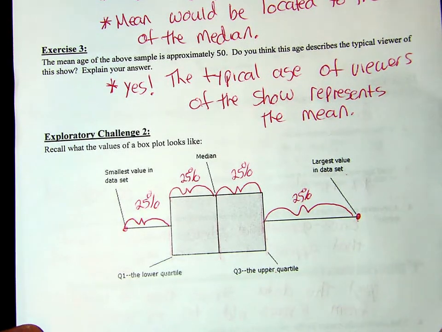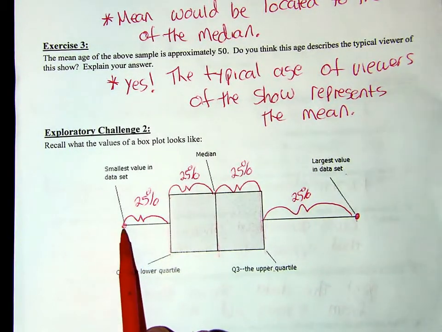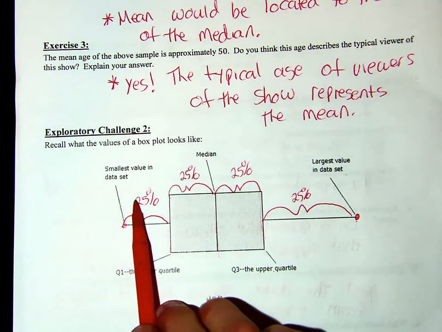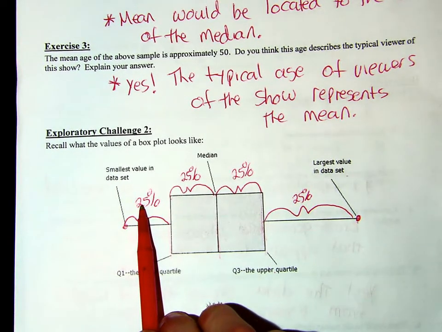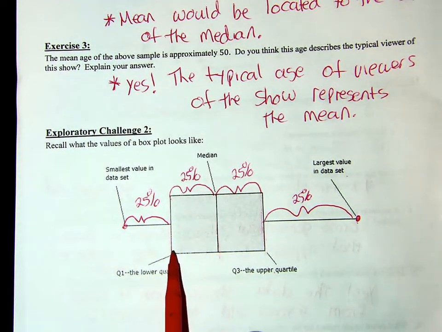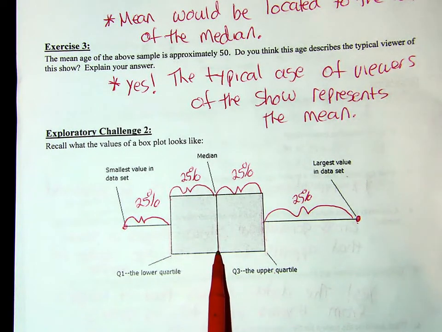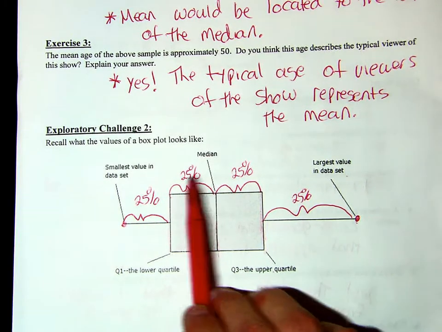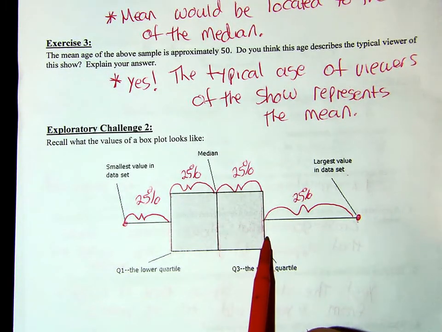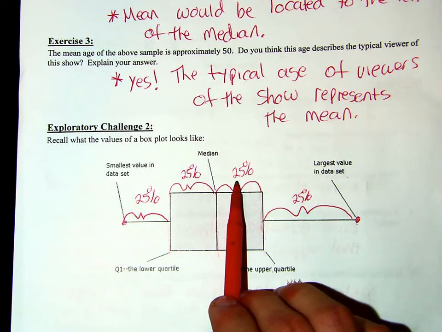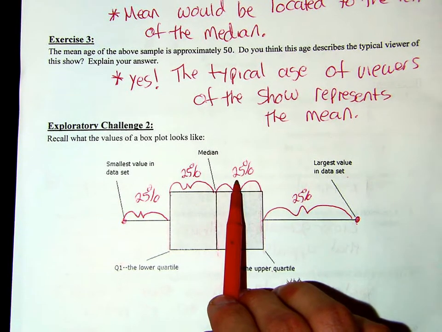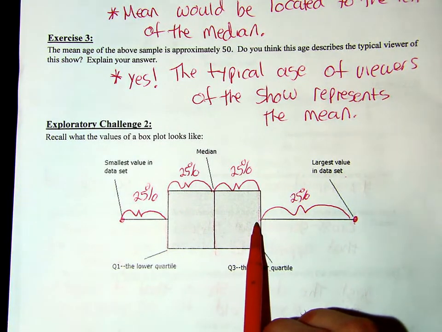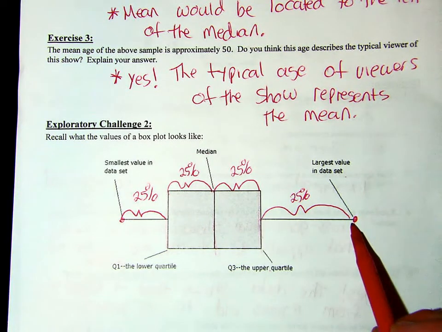We want to write down that between our smallest value and quartile 1 is represented by 25% of the data. From quartile 1 to the median is 25% of the data. From the median to quartile 3 is also 25% of the data. And from quartile 3 to the largest value is 25% of the data.